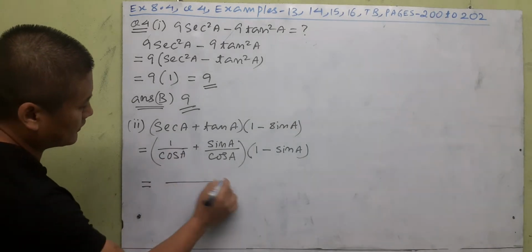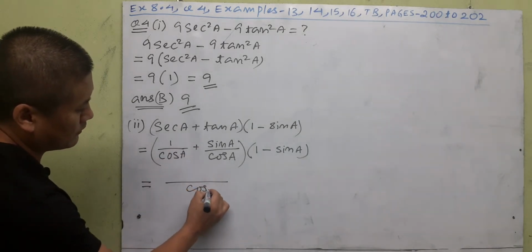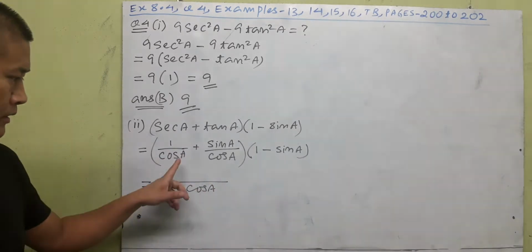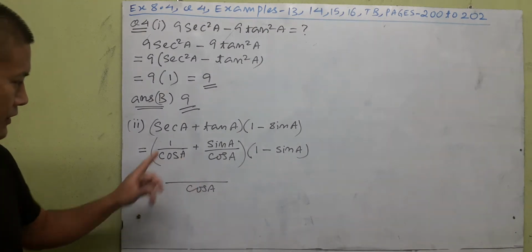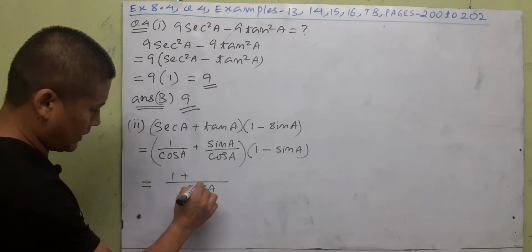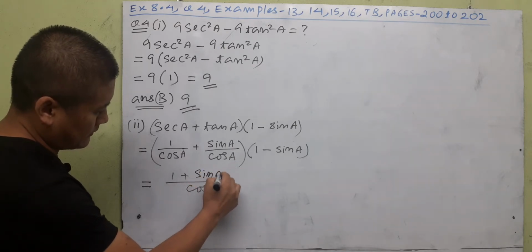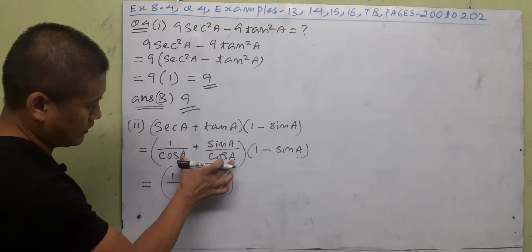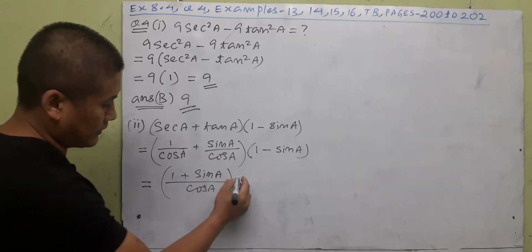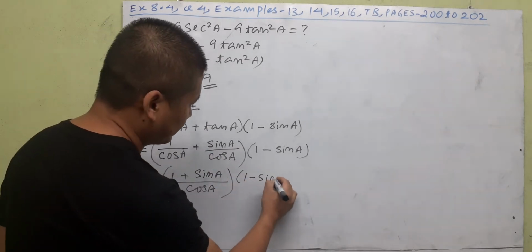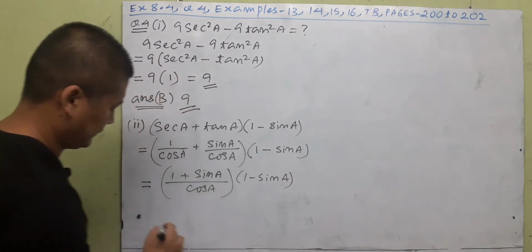So here the LCM of these denominators is cos a, right? So (1 plus sin a) over cos a, into (1 minus sin a).